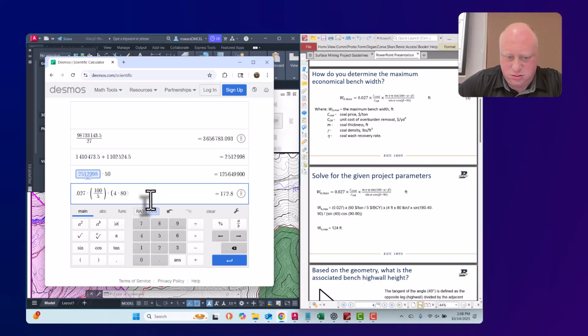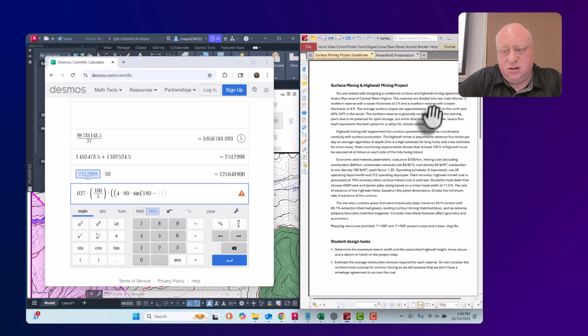We're going to add another parentheses in here because we're going to continue: 4 times 80 times the sine of 180 minus 24 degrees minus 90.